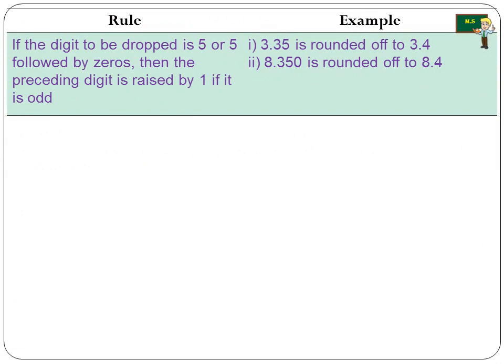Now the last rule of rounding off. If the digit to be dropped is 5 or 5 followed by zeros, then the preceding digit is raised by 1 if it is odd. If it is not odd, that means if it is even, it is not raised.